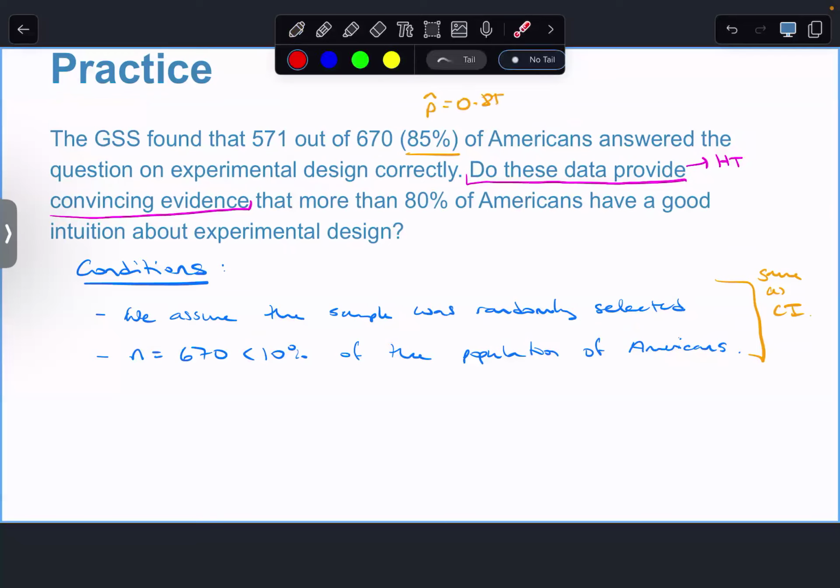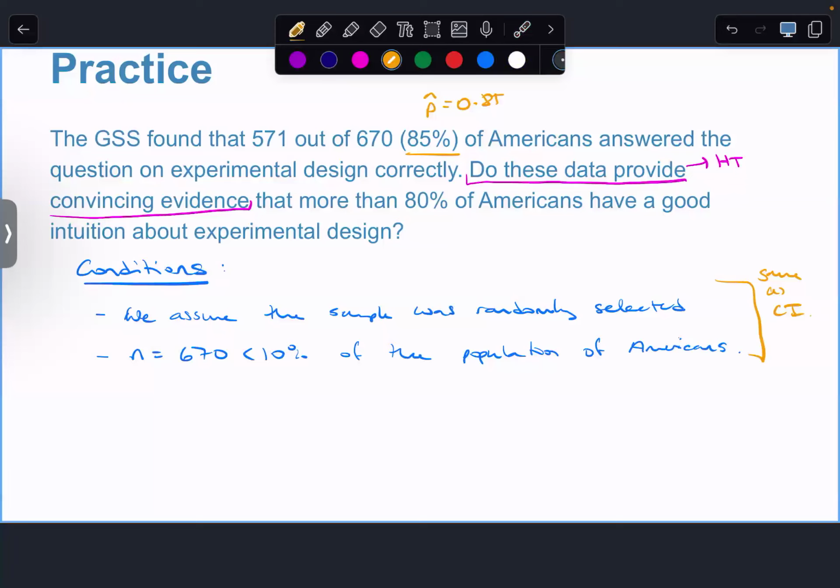When I'm doing a hypothesis test, I'm going to want to compare my sample proportion to some other proportion. And in this case, that proportion that I want to compare my 85% to is 80%.